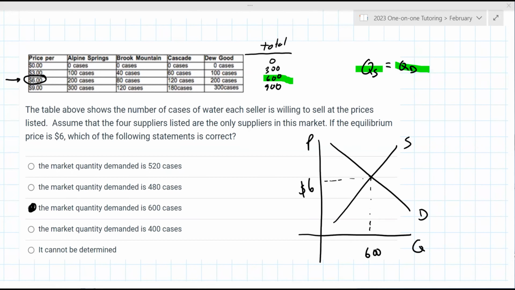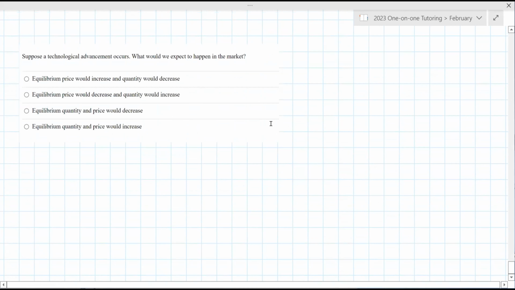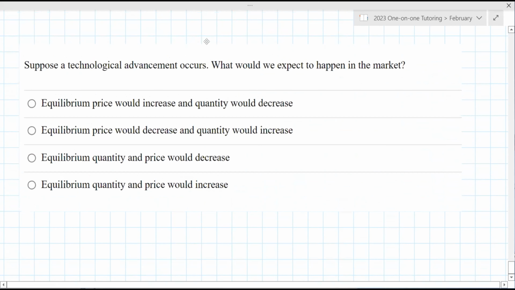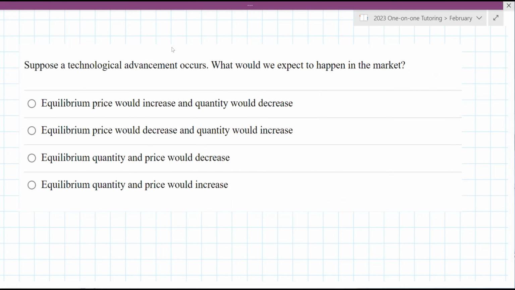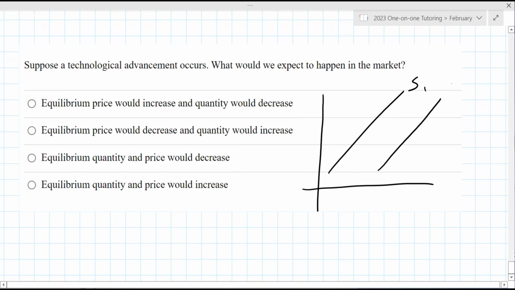Let's look at 16 real quick. Technology advancements in the market tend to make the supply increase. They shift the supply curve. If you can build a better thing faster, cheaper, whatever, you're going to supply more of it.